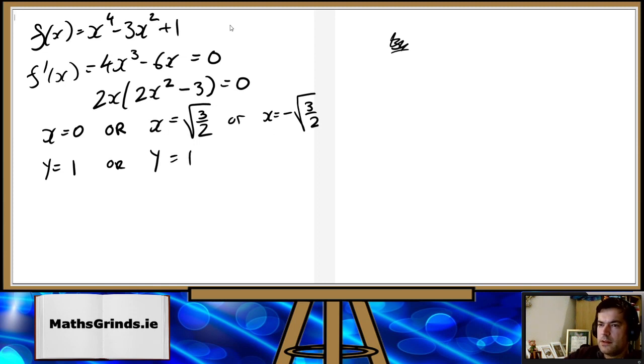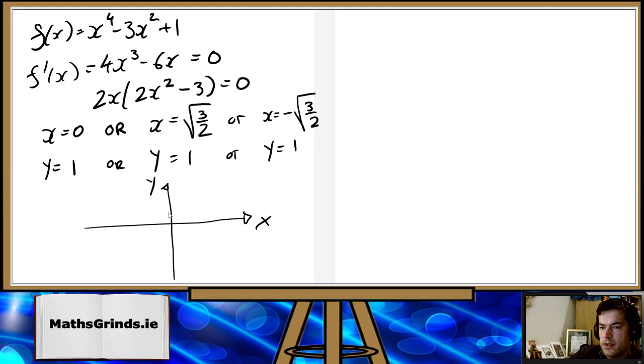And then the last one should be 1 as well. Interesting. So a very rough sketch: 0, root 3 over 2, minus root 3 over 2, and as a turning point, and its height is 1.